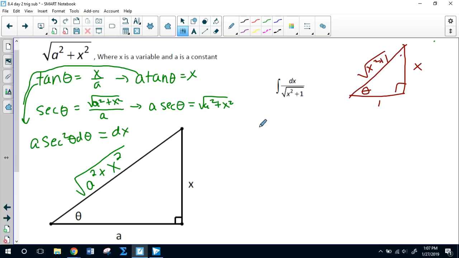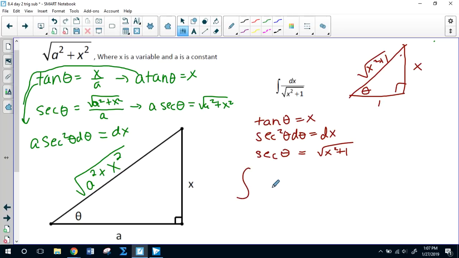Okay, so I know that tangent of theta is equal to x, which means secant squared theta d theta equals dx. And 1 times secant, or just secant theta, is equal to the square root of x squared plus 1.